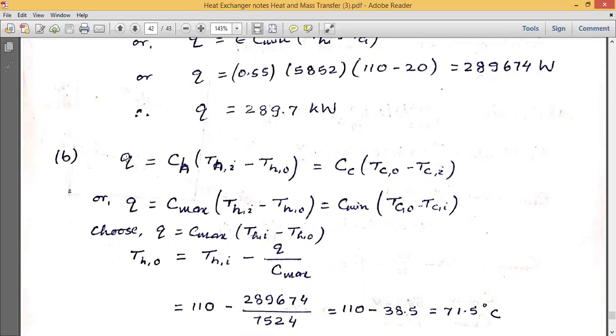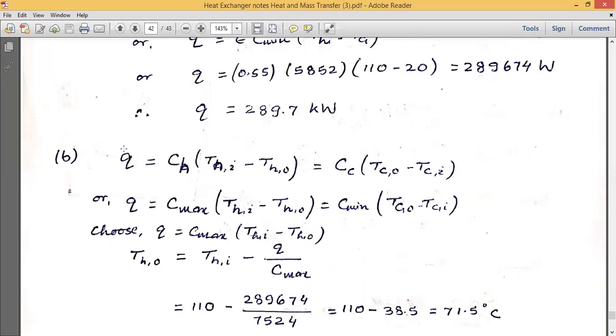It means the heat given up by the hot fluid will be taken up by the cold fluid. So Q will be equal to CH into THI minus TH naught, which will be equal to CC into TC naught minus TCI.